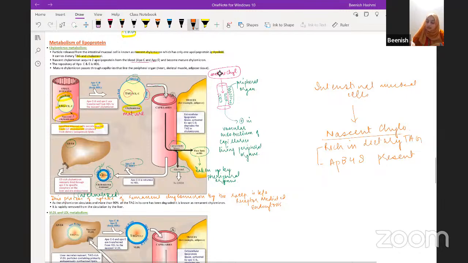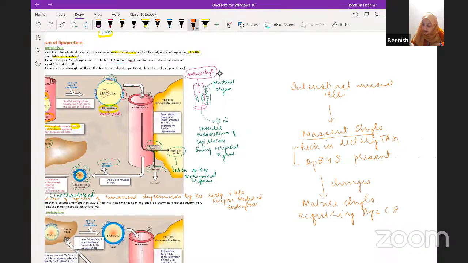Now this nascent chylomicron changes to mature chylomicron. How? By acquiring ApoC and E from HDL.